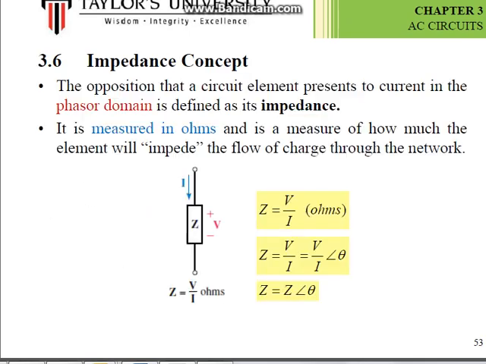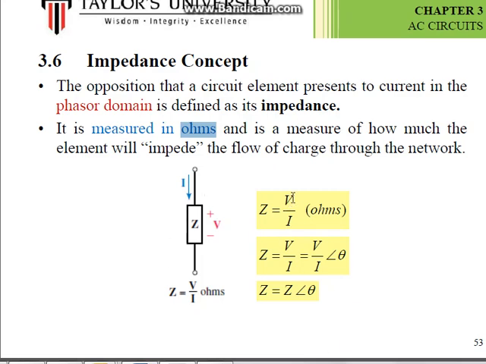Alright, so now we go to the impedance concept. Impedance is when you have a combination of your resistance, can be capacitance, can be inductance and all that. Impedance is still being measured in ohms.